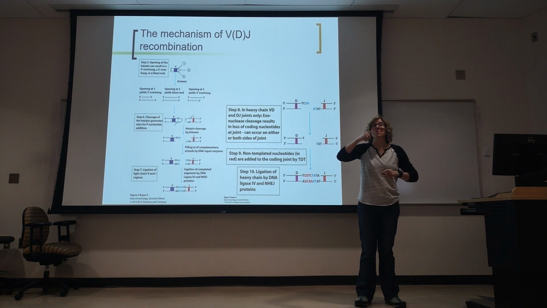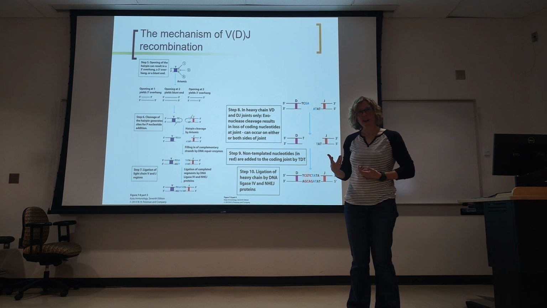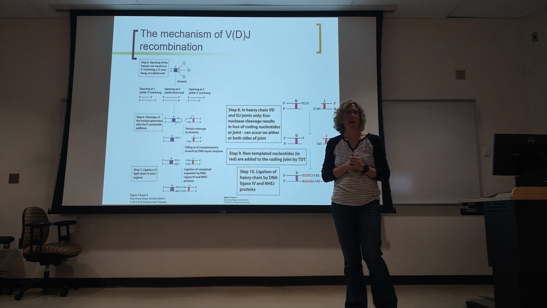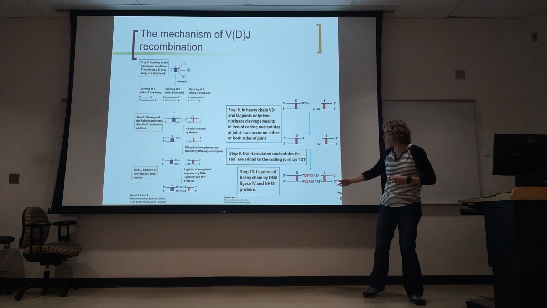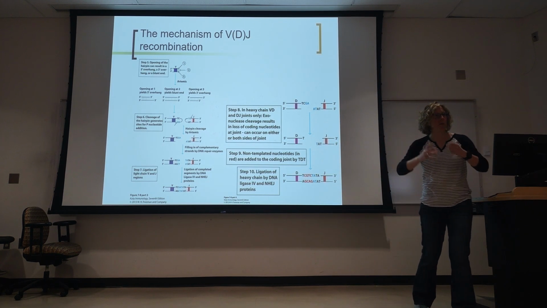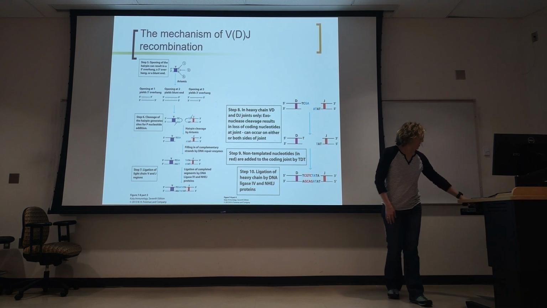So you can have scripted joint making, P-nucleotide addition. You can have exonuclease trimming, cutting off overhangs or removing segments that you don't want. You can have N-nucleotide addition, so non-scripted, just randomly put some A's, T's, G's, and C's to plug it all back together. So that adds to the randomness.